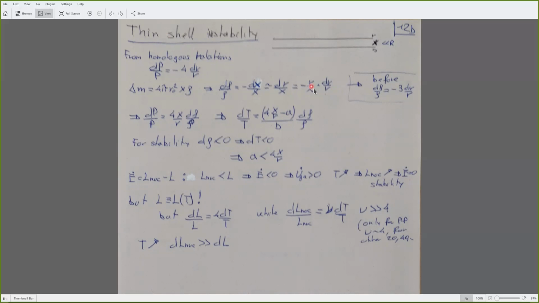X is definitely smaller than the radius, so this is definitely bigger, more than 3. So we have a strong variation between radius and density.